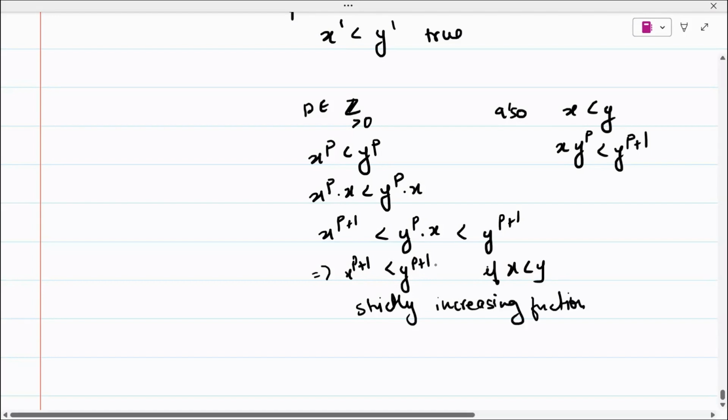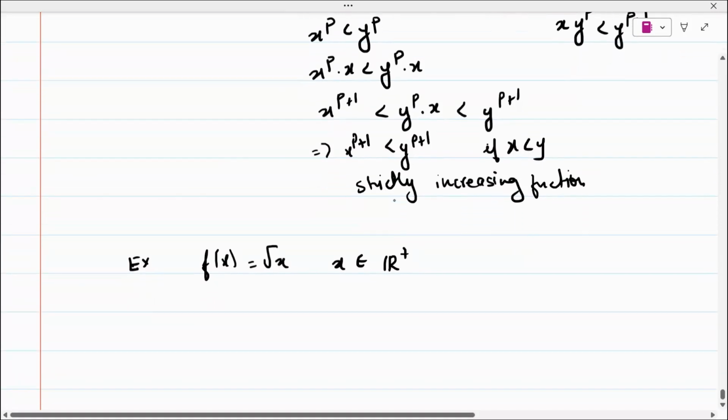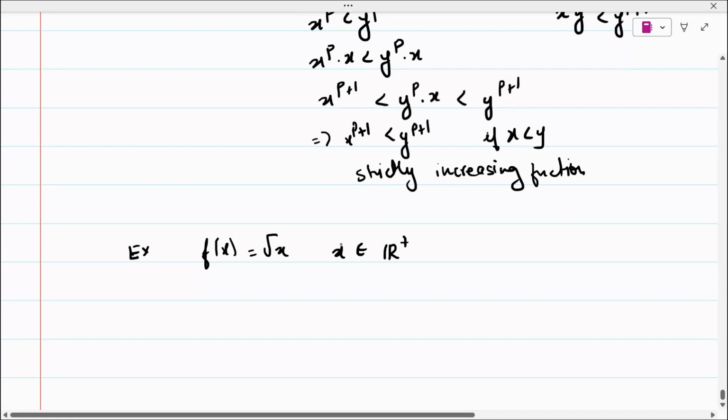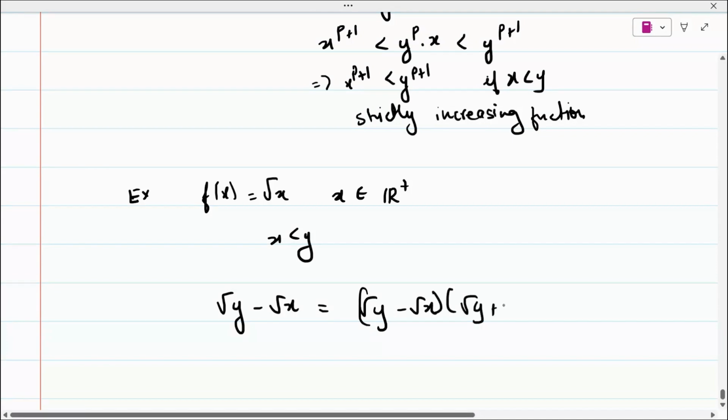Then there's another example, the square root function. So x is 1, two to 1 is equal to root 3.